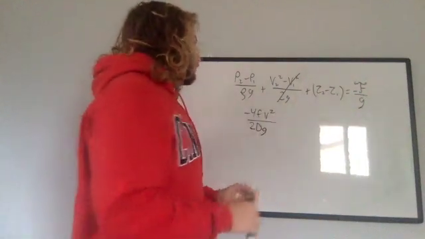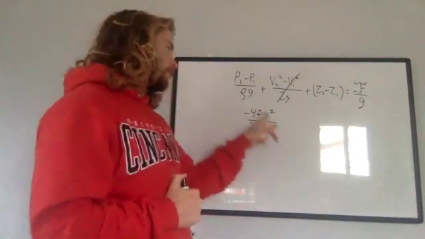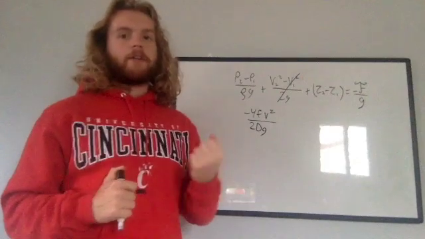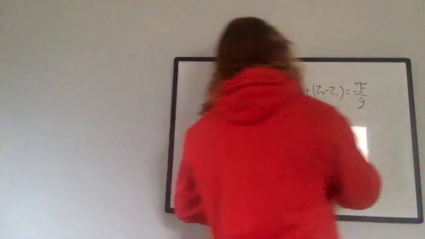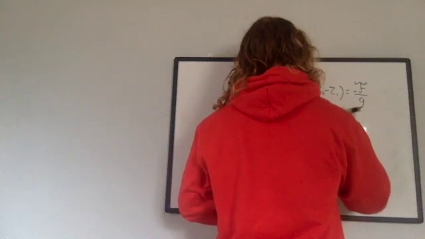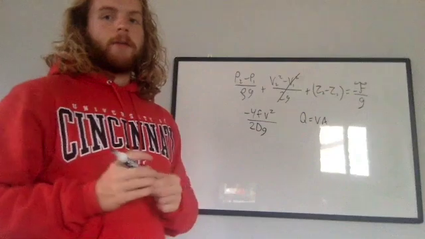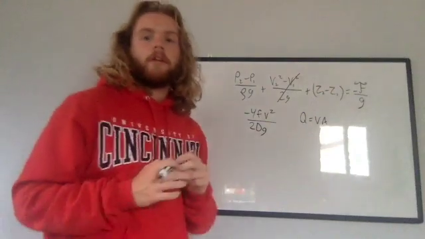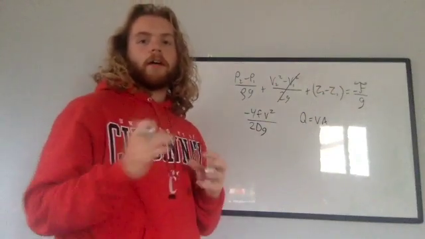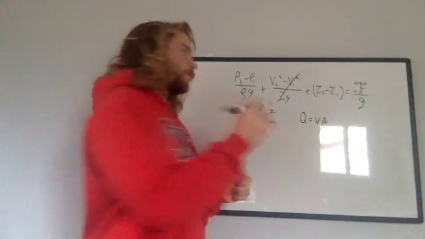And we know that our flow rate is pretty much just going to be equal to the velocity multiplied by the cross-sectional area. So we can say that Q is going to be equal to V times A, right? Our velocity times the cross-sectional area of the pipe. And then we know that the cross-sectional area is going to be equal to pi times the diameter squared over 4.